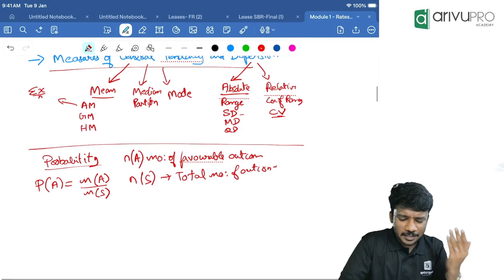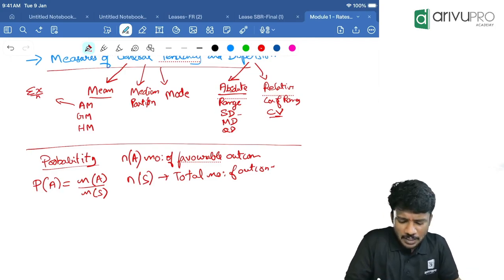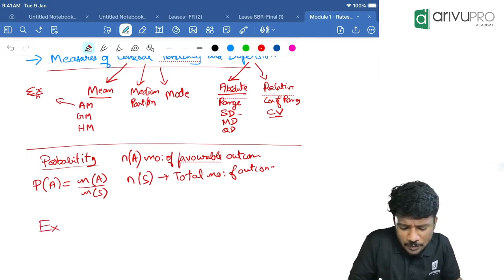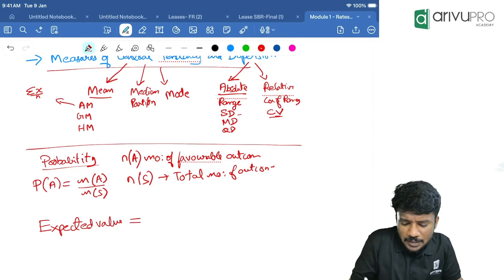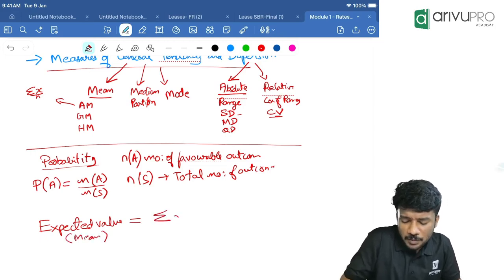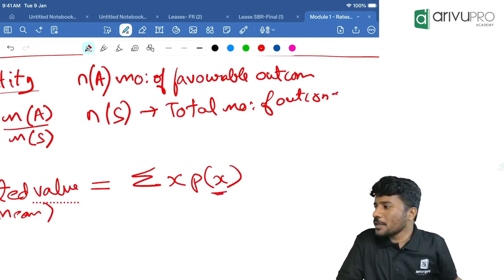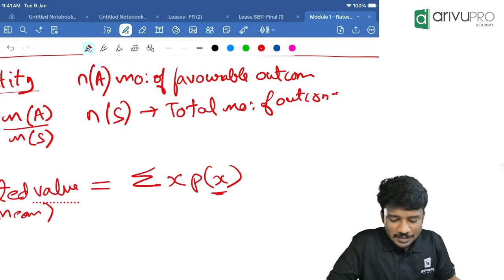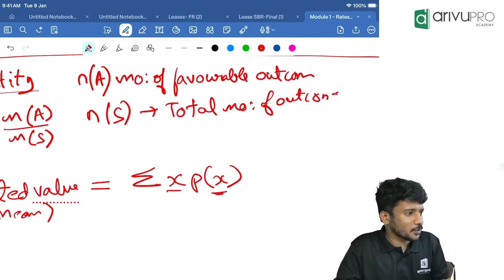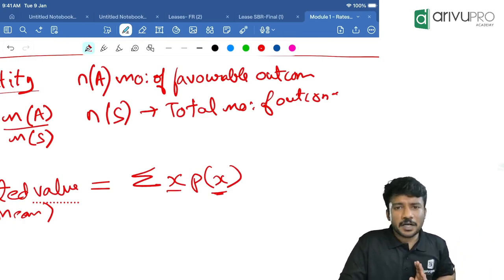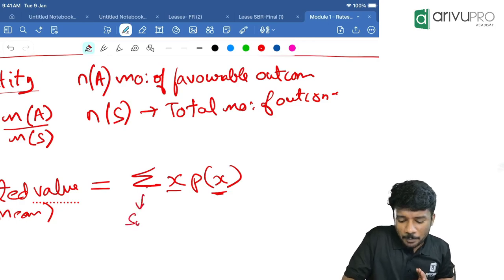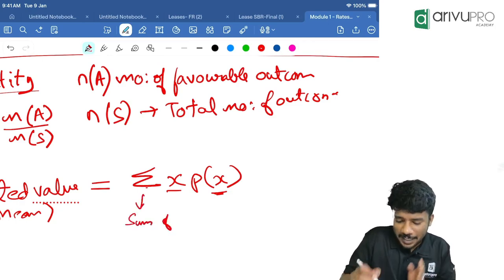Then Bayes' theorem is there from probability likewise. Then, have you heard about expected value? Expected value is also called the mean. Expected value has a formula: sigma x into P of x. P of x is nothing but the probability of an occurrence of an event. X is nothing but how many times it happened. So sigma of x into P of x. Sigma means what? Sum of x into P of x.